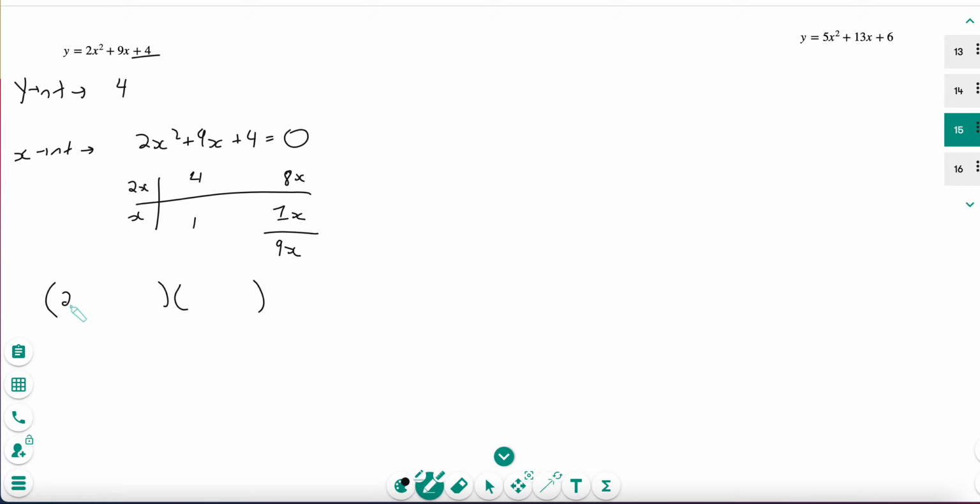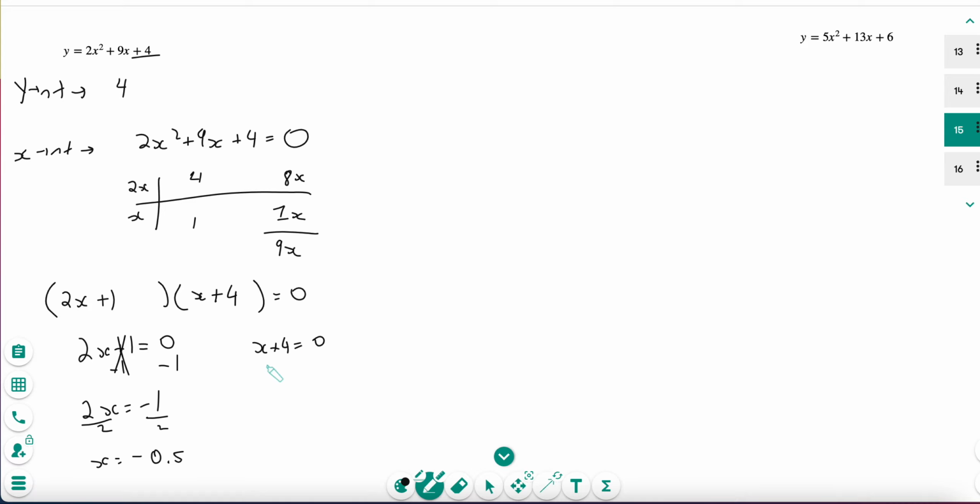So 2x plus 1 and x plus 4 equal 0. That gives negative 1 half, which is negative 0.5, and negative 4. And those are our x-intercepts.